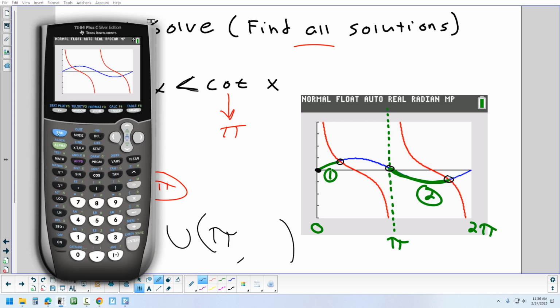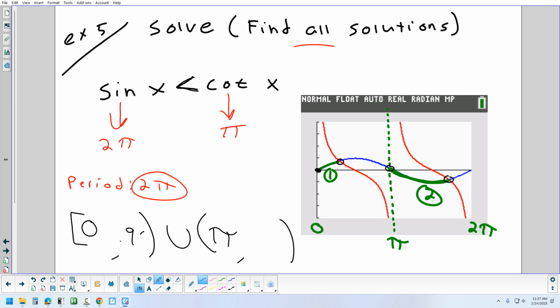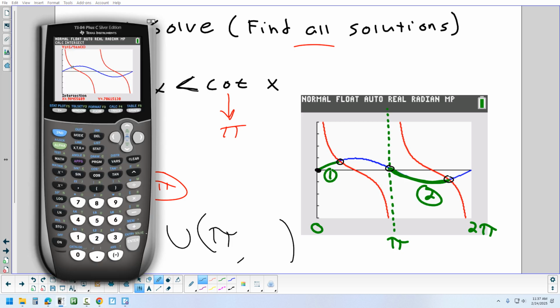So let's do second calc, intersect. So interval 1 stops at 0.90. And interval 2, second calc, intersect. Okay, interval 2 stops at 5.38.